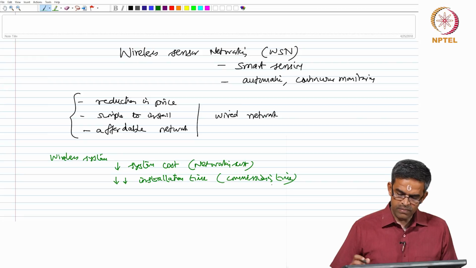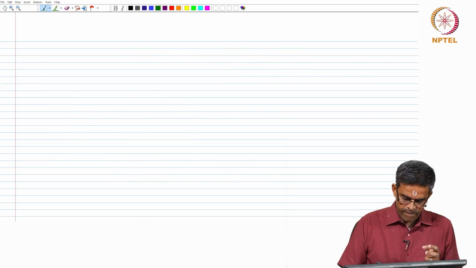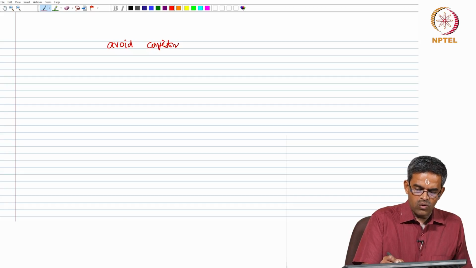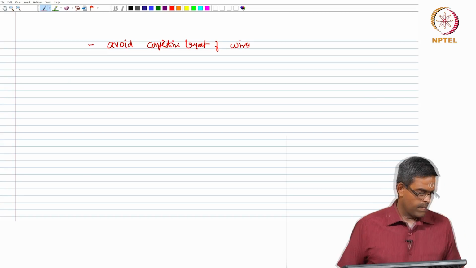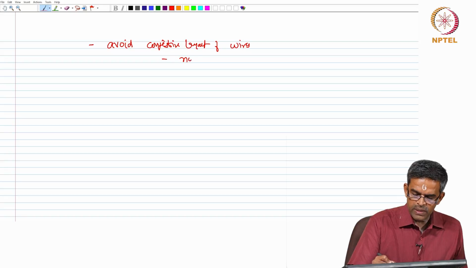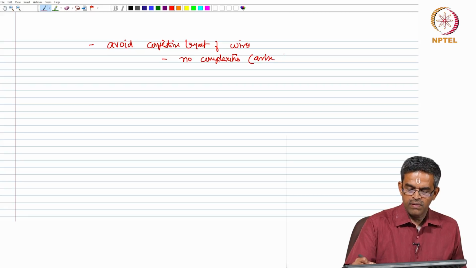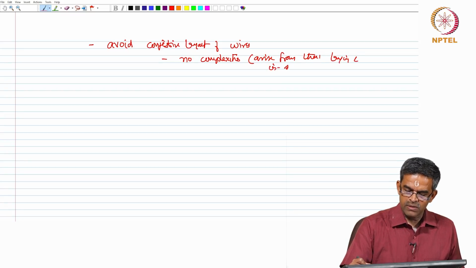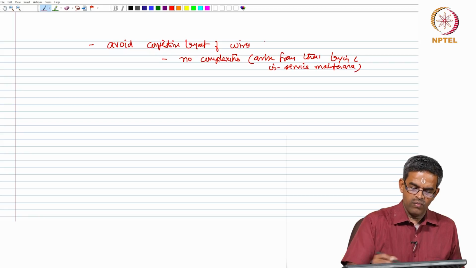In addition, one can avoid congestive layout of wires. So, there are no complexities that may arise from their laying and in-service maintenance, which are common problems with wired sensors.